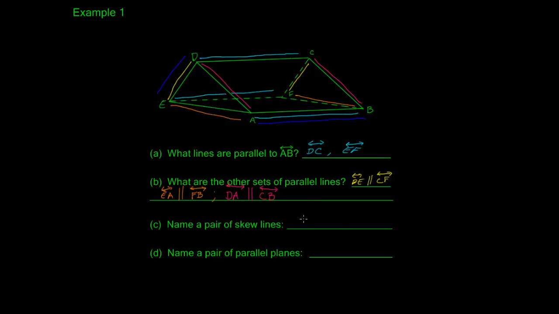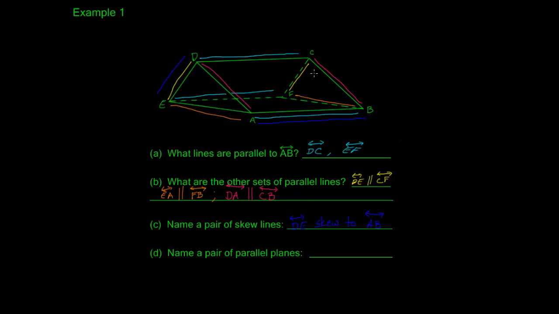When we actually write these out, there's no symbol for such. You will put line DE is, and we'll just use our words, skew to, and then line AB. Now there are several of these.